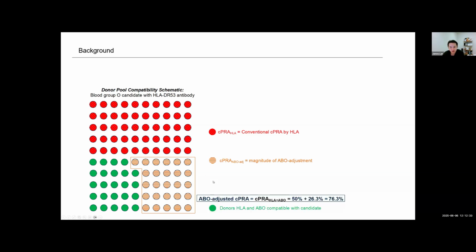So in fact, the true immune compatible donor population is the HLA plus the ABO, and when we calculate it out, it will be 76% rather than 50%. And that's really the simple concept when it comes to genetic adjustment for ABO and HLA.